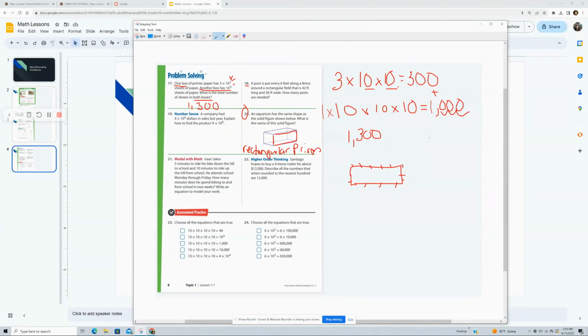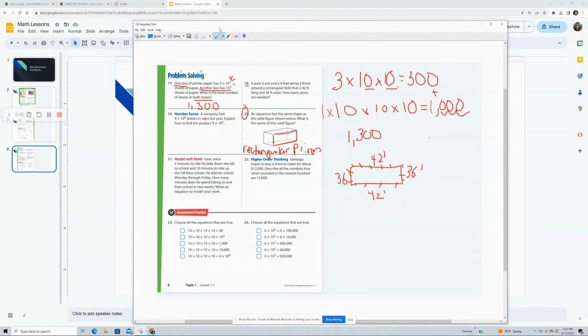We know that your field is 42 feet long and it is 36 feet wide. We know that if one side is 36, the other side is 36, and if that side is 42, we know that this is 42.